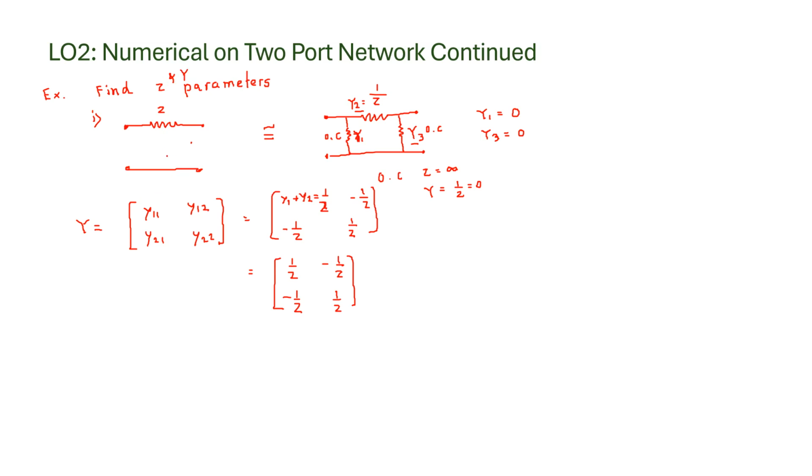If they ask for z parameters, you first find the y parameters and take the inverse. But if they ask for y parameters of this network, then there is no issue. We get the y parameters first, and then we can take the inverse of the admittance matrix.